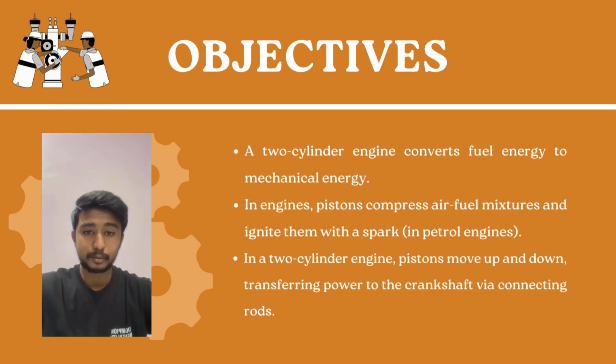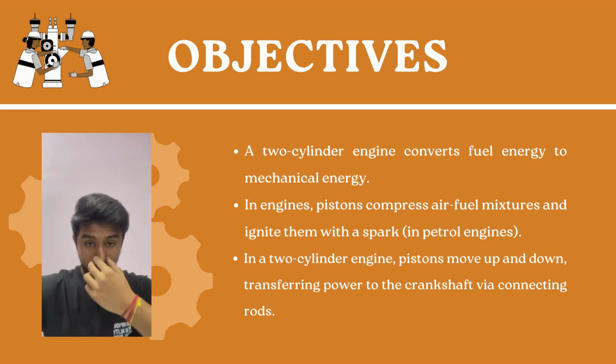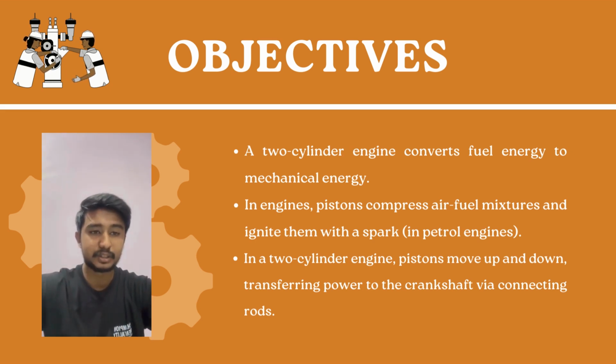Now we are going to look into the objectives of this report. First of all, a two-cylinder engine converts fuel energy to mechanical energy using a piston and crankshaft. Each component helps achieve these goals. Next, the piston compresses the air-fuel mixture, harvesting combustion energy. This expands gases that push downwards for linear motion.